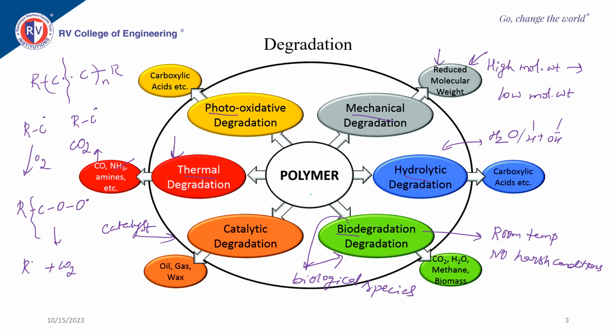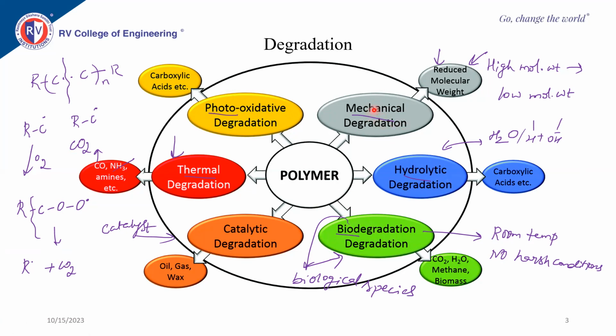If you adopt heat, you call it thermal degradation. Same thermal degradation in the presence of a catalyst, you call catalyst degradation. In the presence of light, photooxidative degradation. In the presence of ball milling, mechanical degradation. In the presence of water, hydrolytic degradation. In the presence of enzymes, biodegradation.